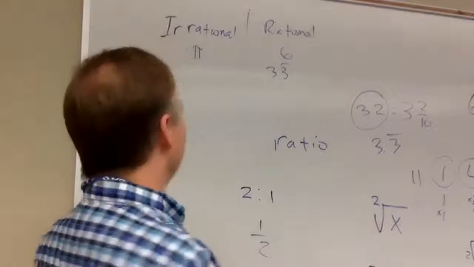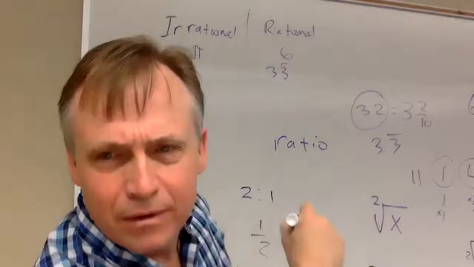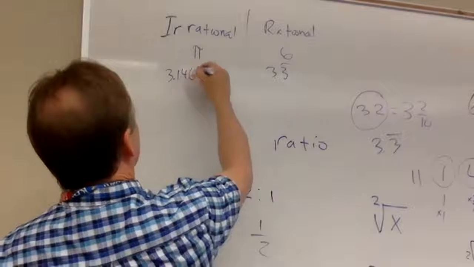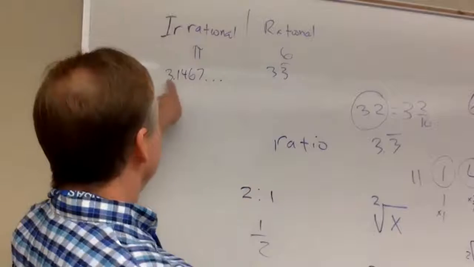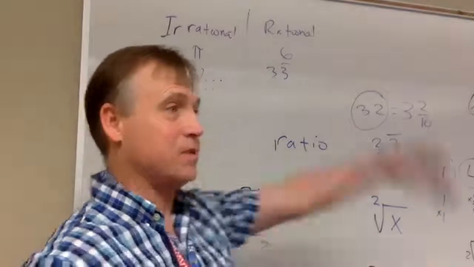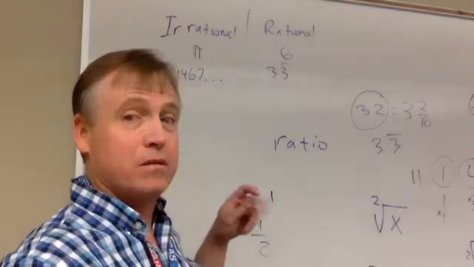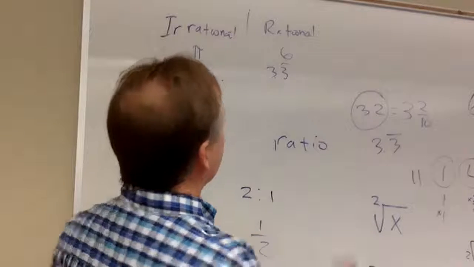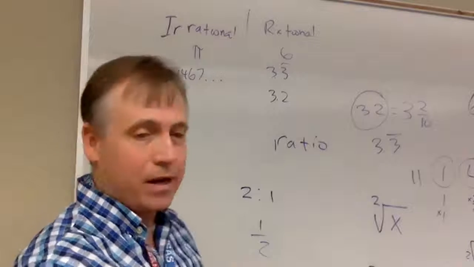That's close to pi, but we'll say 3.11467. Now I'm going to put a dot, dot, dot after it, which means nothing in here repeats. It just keeps going and doesn't repeat. So if you see dot, dot, dot afterwards, that's what that means. Okay? All right, good. I think we got this. And we said 3.2. I'll put that up there too. That's also rational. Okay, very good.